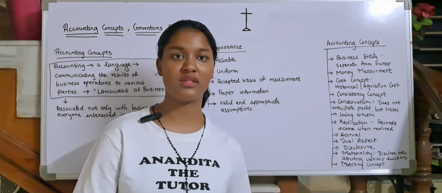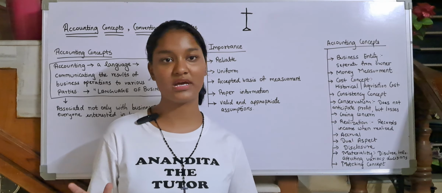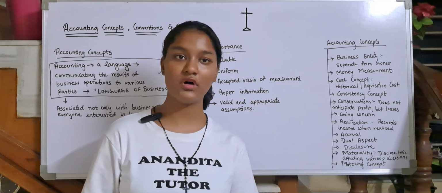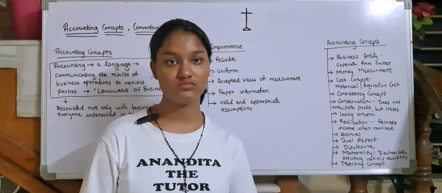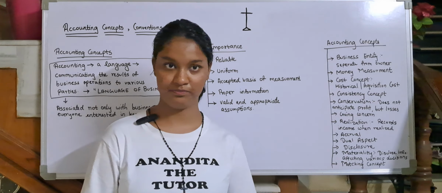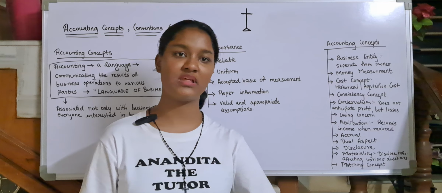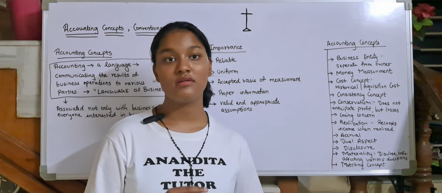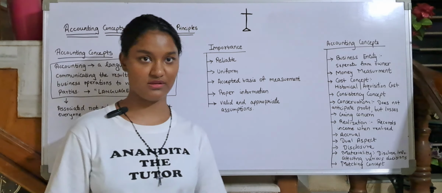If 9,000 suddenly goes to 90,000, then that's not the matching concept. It should be somewhat matching. A little difference here and there is fine, but overall it should be the same. 9,000 going to 11,000 is fine. 9,000 going to 8,000 is fine. But if it's drastically changing, then this concept is not being followed in your business.